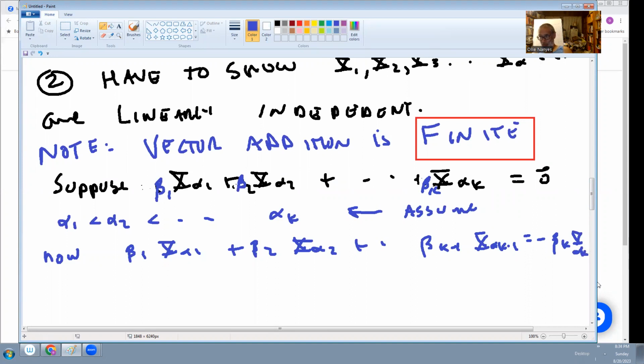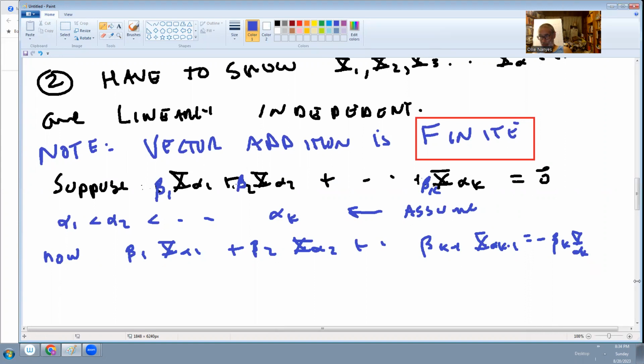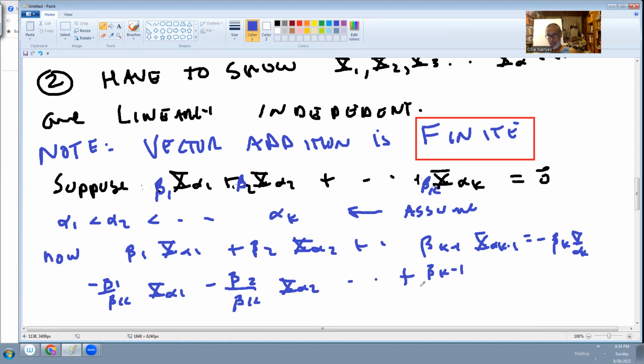Okay, we can do that, not a problem. And then just by doing a little division, we get minus beta 1 over beta k x alpha 1, minus beta 2 over beta k x alpha 2, and so on, plus beta k minus 1 over beta k, and these are all assumed to be non-zero. I should have said that.